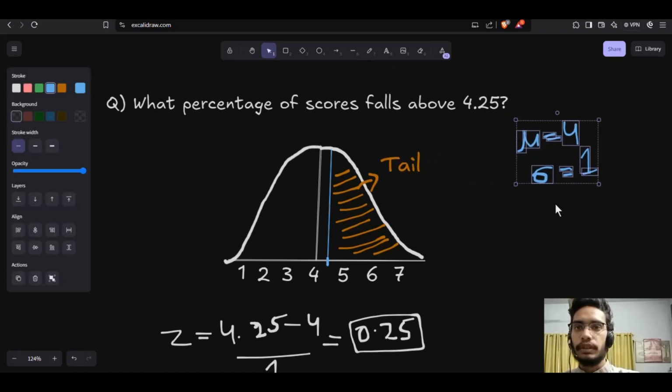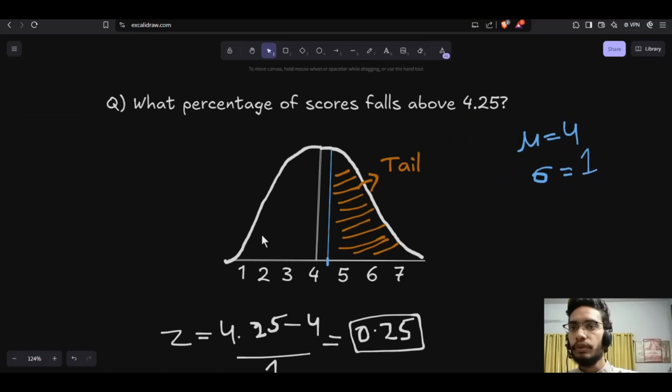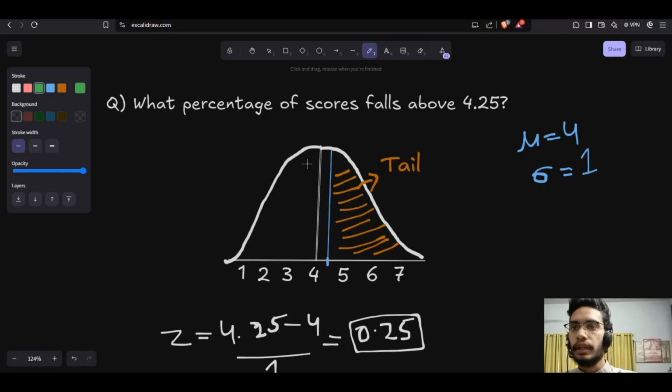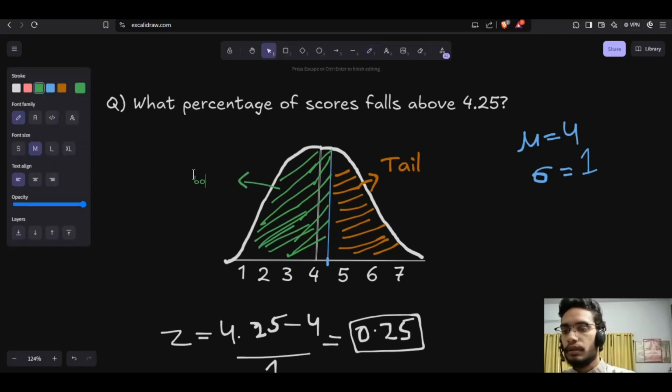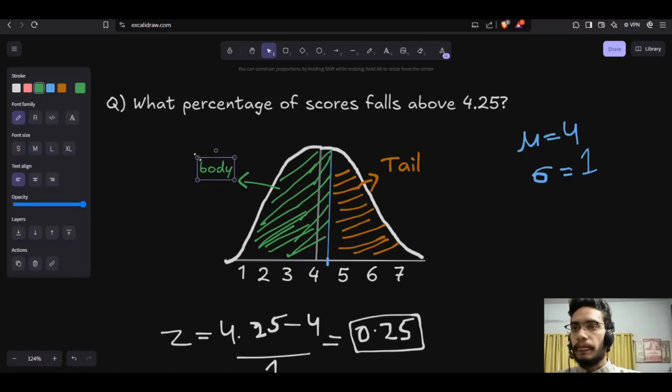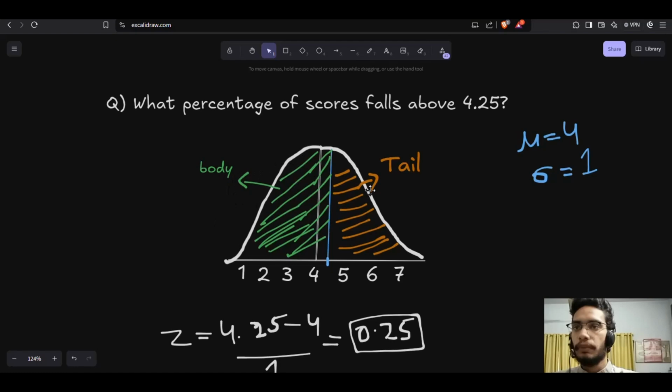And this one right here, this complete region I highlighted with the green, including this part, this is known as your body. What is it called? This whole region is known as the body, right? This one is called the tail.